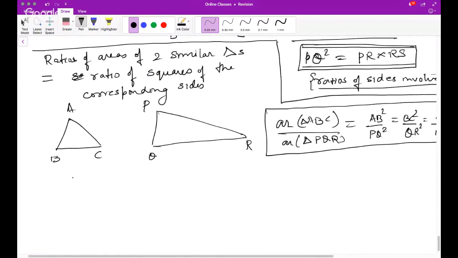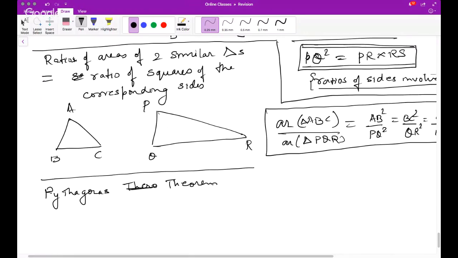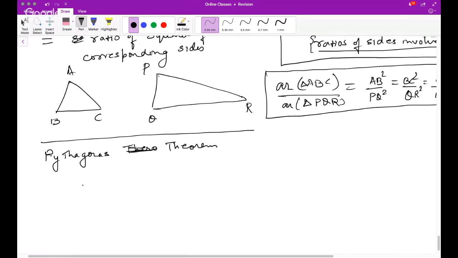And then the last part, which was very important and crucial, was Pythagoras' theorem, which you know since your childhood: if in a right angle triangle ABC, with the right angle at B, AC square is equal to AB square plus BC square.